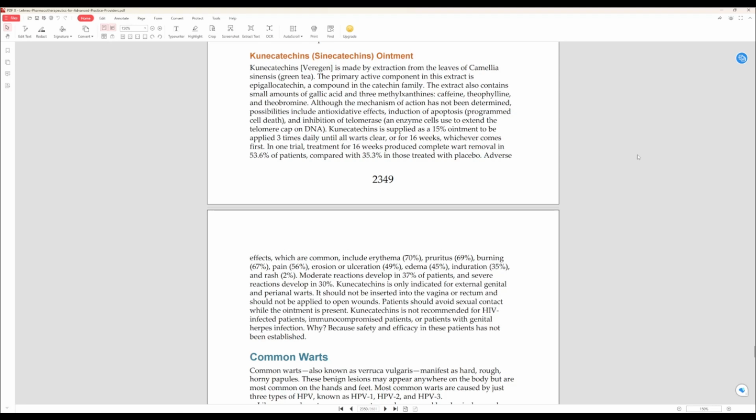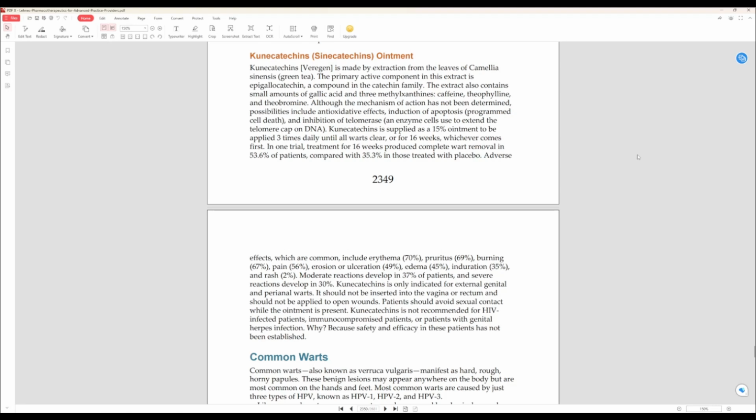Adverse effects are also common and include erythema, pruritus, burning, pain, erosion or ulceration, edema, induration, and a rash. Moderate reactions developed in up to 37% of patients, and severe reactions in up to 30%. Catechins are only indicated for external genital and perianal warts.